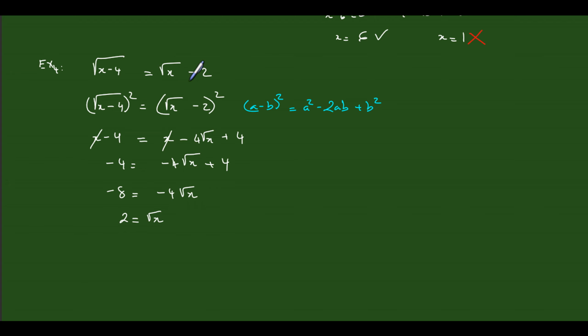Originally I had a complicated one, so now I've made it another simpler radical equation. I'm going to apply the property again, which means I will square both sides again. So I will have 4 equals x, since the square root of x squared is x. Then my final answer is x equals 4.